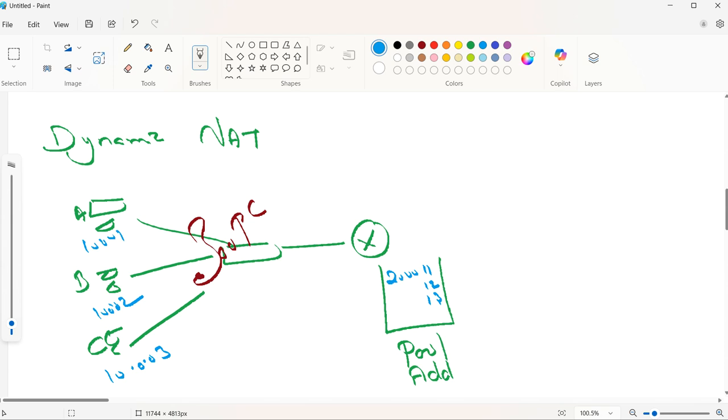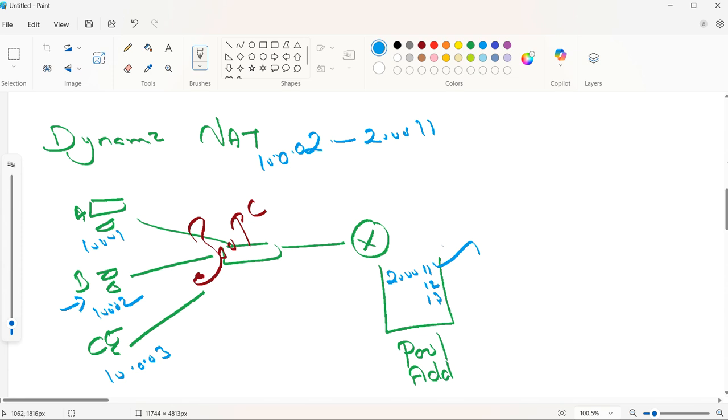before they go out. For example, if B is trying to communicate to the outside, the router will say, I'm giving 10.0.0.2 the address 20.0.0.11. It gives the first IP.